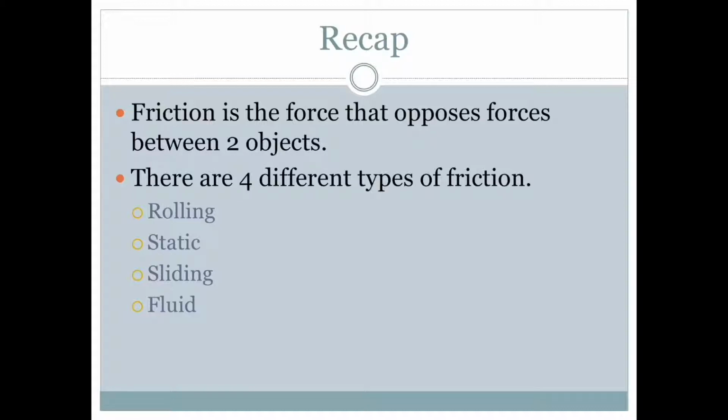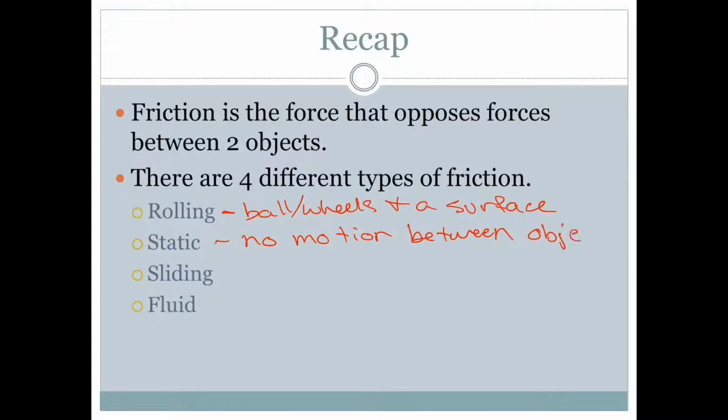So let's do just a little bit of recap for this lesson. Friction is the force that opposes motion between two objects. There are 4 different types of friction. You have rolling friction, static friction, sliding friction, and fluid friction. Rolling friction is between a ball or wheels and a surface. Static friction means there's no motion between the objects. Sliding friction means the surfaces are sliding past each other.